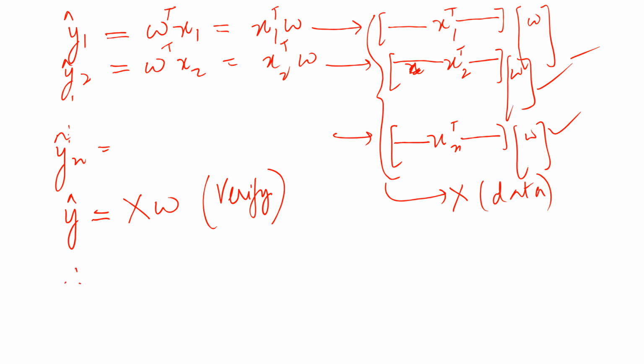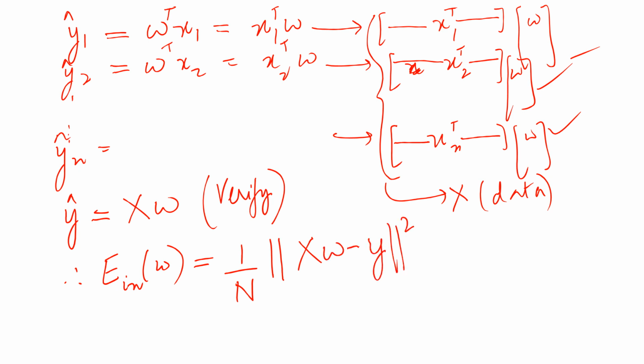So because I have a new representation of y hat, I have my E in, or my standard regression error, as a function of w, equals 1 over n times the norm of xw minus y, squared. Okay, so all of that is great. Can we do something in addition to this?